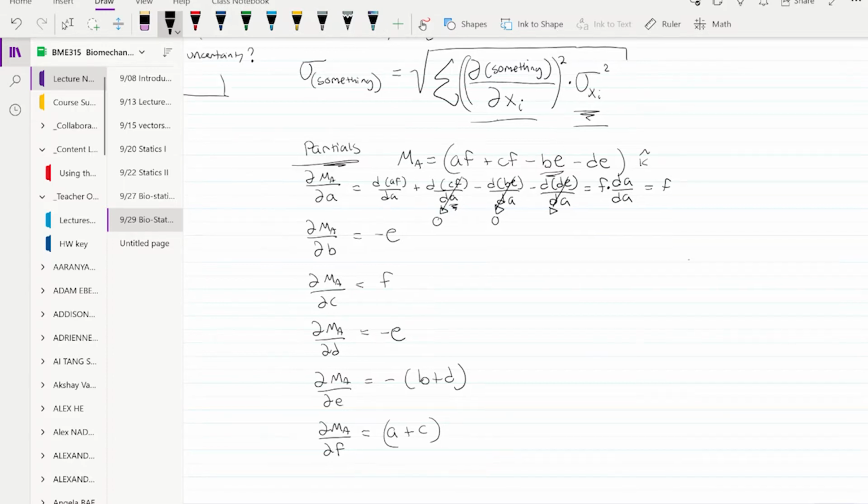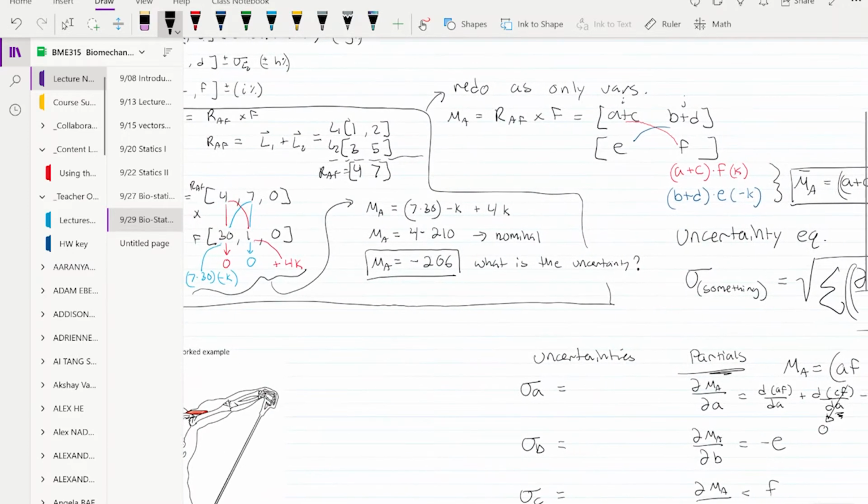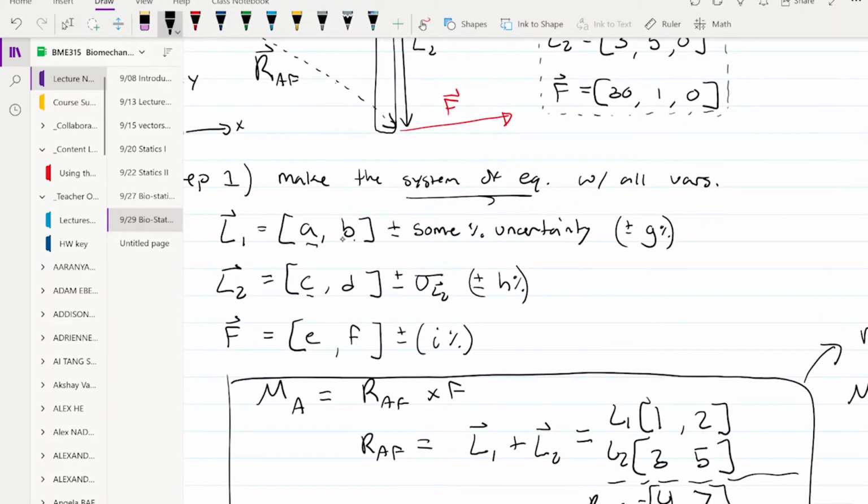Let's say, what are the uncertainties? Say, what's the uncertainty in A? Just line these things up. Uncertainty in B, uncertainty in C, uncertainty in D, E, and F. So if we come up here, uncertainty in A belongs to L1, and L1 has a total uncertainty of plus or minus G%.